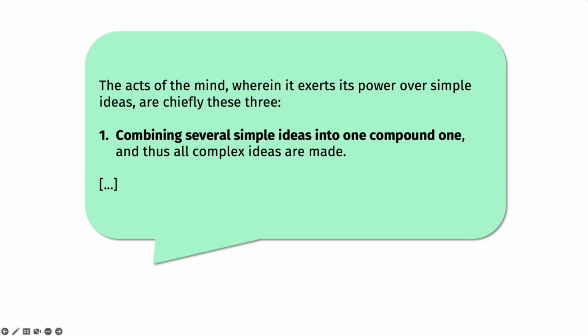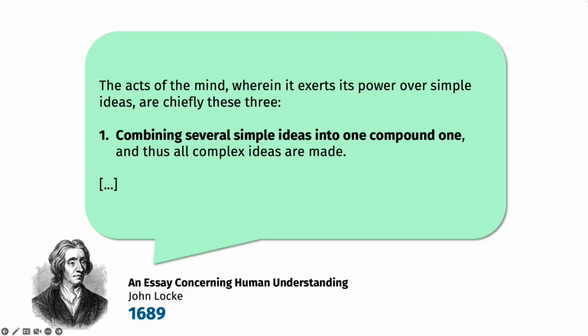We could now play the game of guessing who said this, but this actually comes not from a computer scientist, but from John Locke, a philosopher, in 1689 in his Essay Concerning Human Understanding. And so we would really like to have this in programming, to use simple ideas and build those simple ideas into compound ones to build complex ideas.